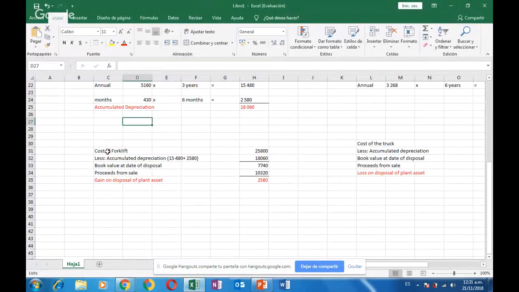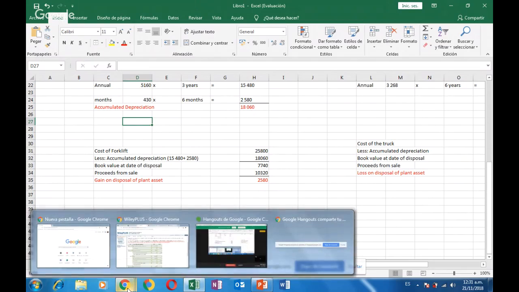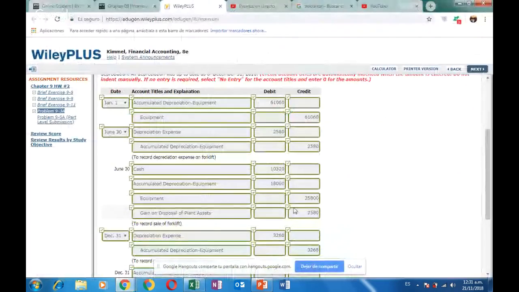This method is useful for me because we start with the cost of the forklift, then less accumulated depreciation, the total accumulated depreciation, and then we will realize that we will credit this gain on disposal of plant assets.